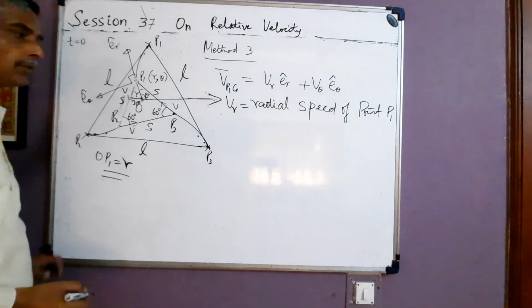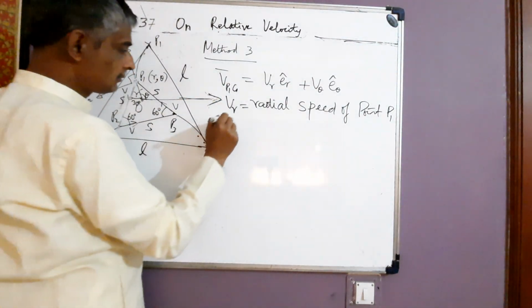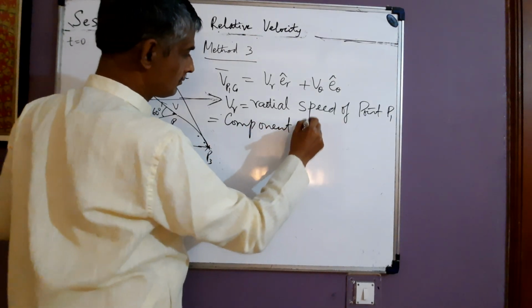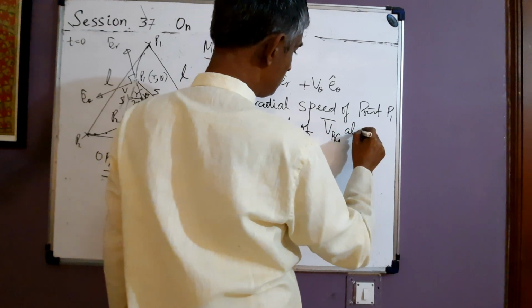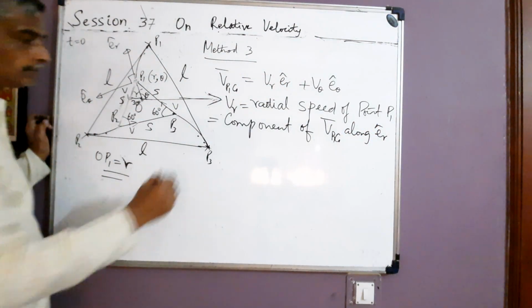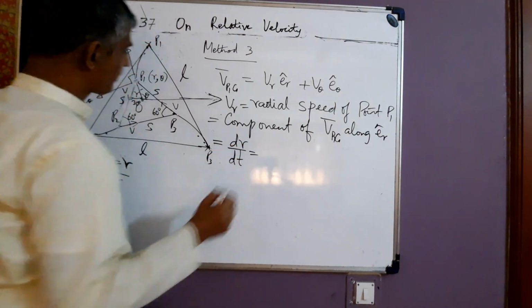That is the component of Vp1g along ER, and from the cylindrical coordinate system, that is dr by dt.